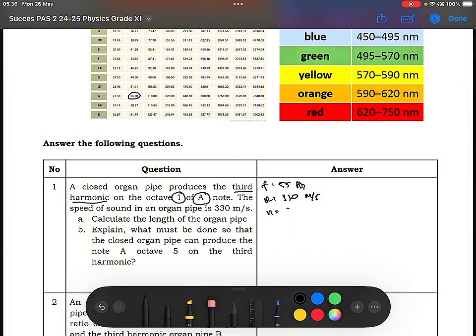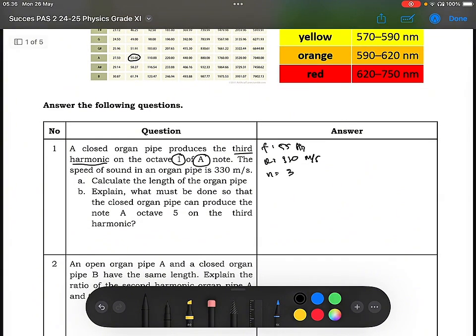So for question A, calculate the length. Because it's closed, f is n over 4, v over L. Okay, and 3 over 4, v 330 over L.